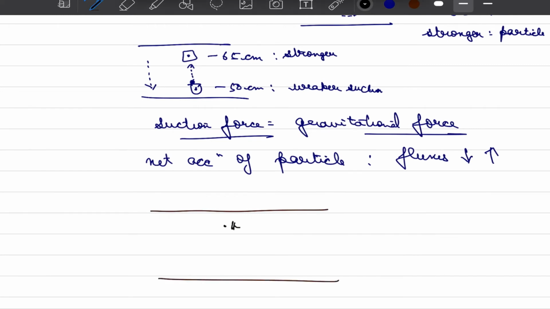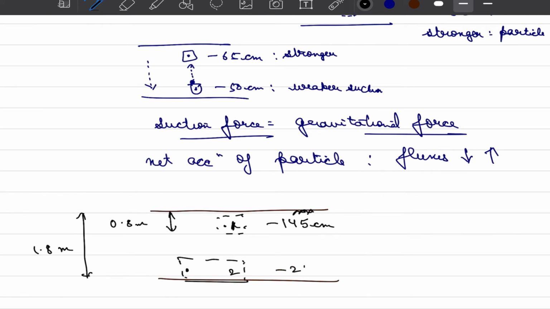Now this point 1 is at a depth of 0.8 meter from the surface, and point 2 is at 1.8 meter below the soil surface. We put some piezometers and we measure that the total head here is minus 145 centimeter, and the total head here is equal to minus 230 centimeter.